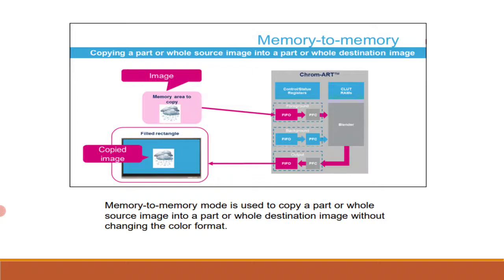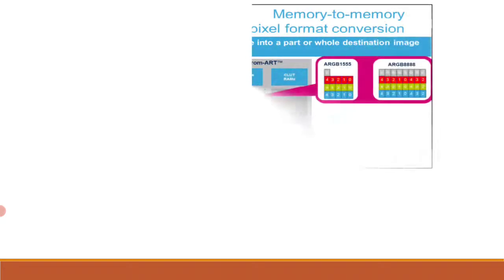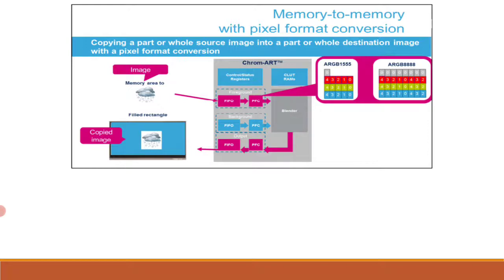So how about having a pixel format conversion within memory to memory? Memory to memory with pixel format conversion is used to do the same type of copying as memory to memory mode, but with a pixel format conversion. It can copy any input format to any output format.